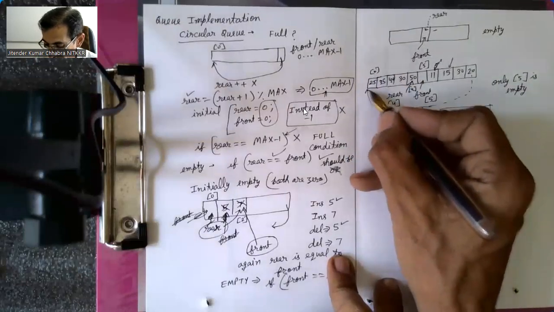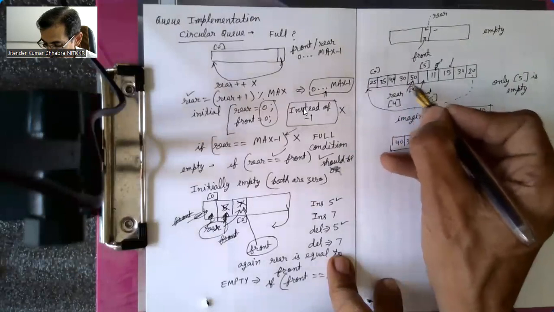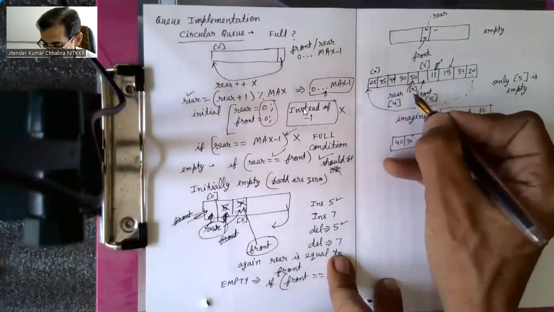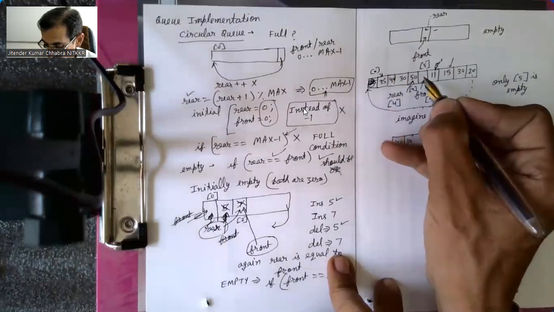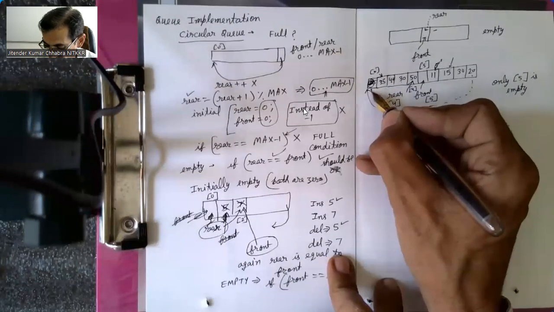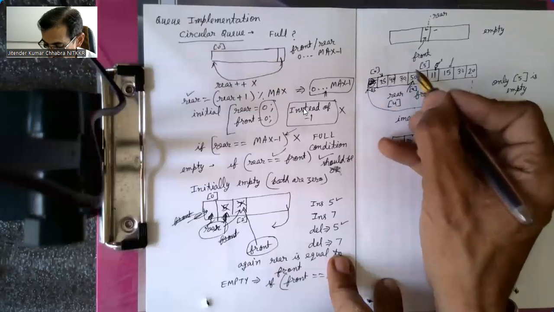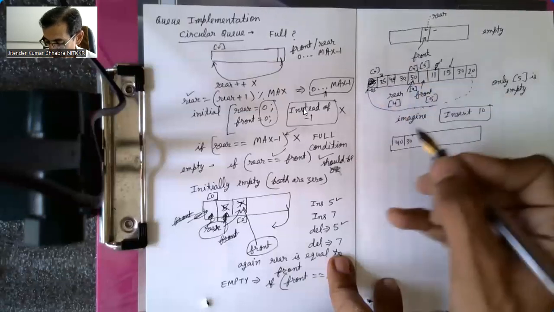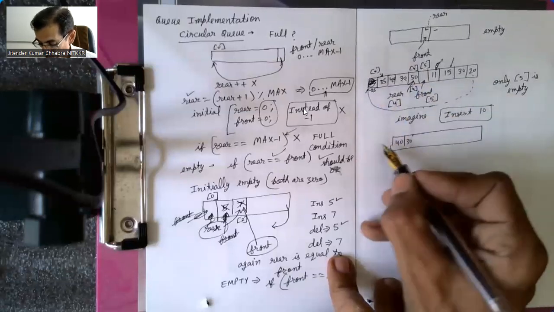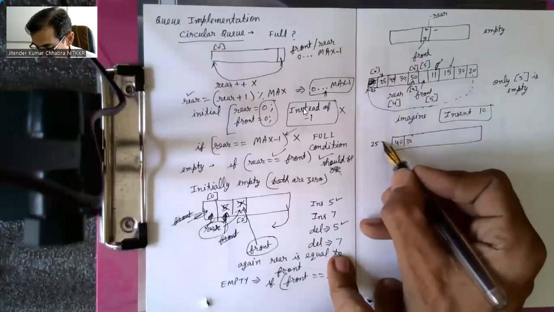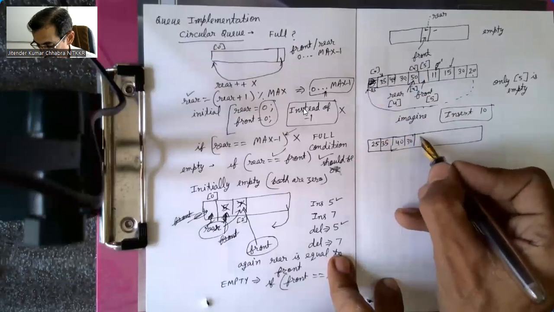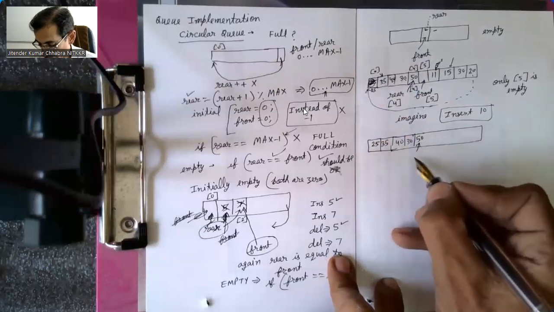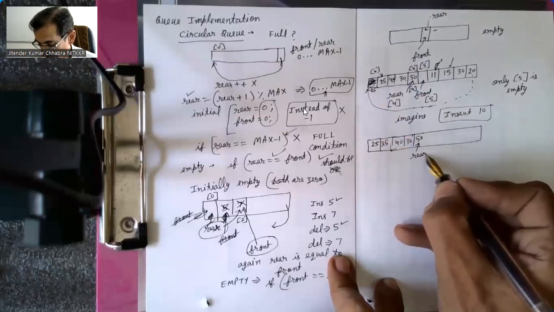So all those have been full, and now my rear is at index 4. That means this is 0, 1, 2, 3, and this is 4. So rear is 4. That means I have here 25, 35, 40, 30, 50, and this is your rear at present.